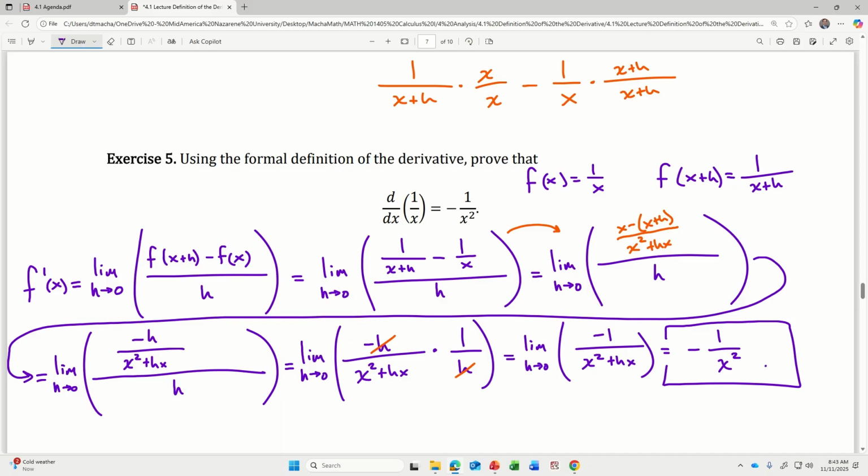That is negative 1 over x squared. So perfect, we know we did it right. But to get full credit for this test question, I've got to see every step of your work so I know that you know how to do it. I'm already giving you the answer, so you can't just write the answer. Okay, any questions about this one?